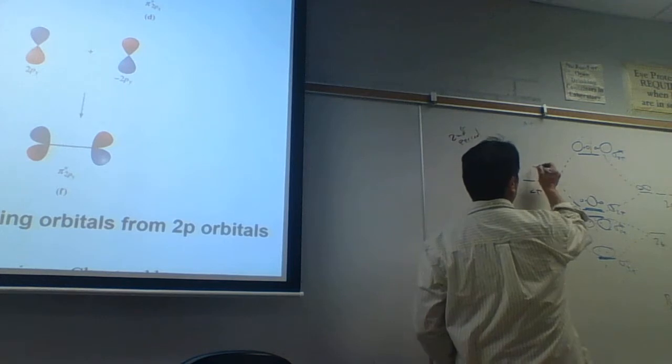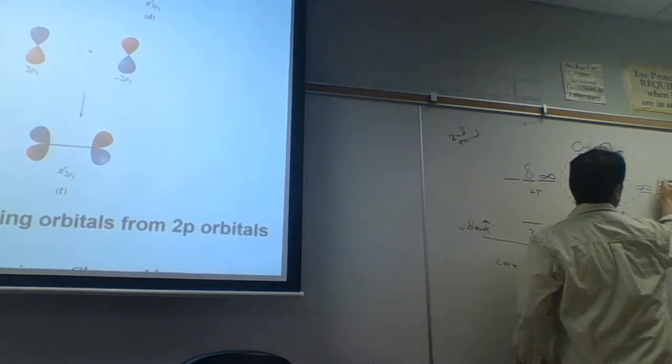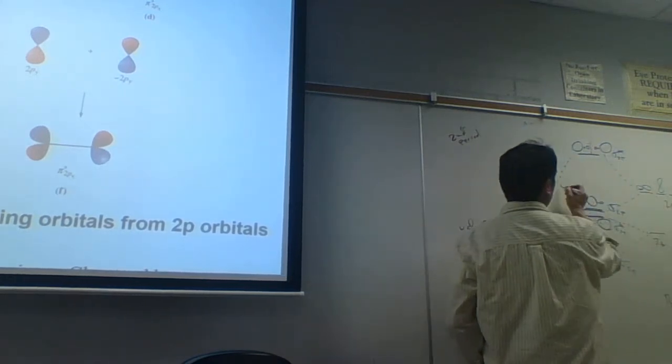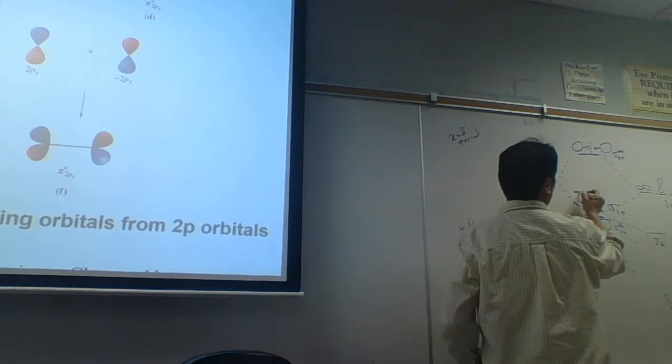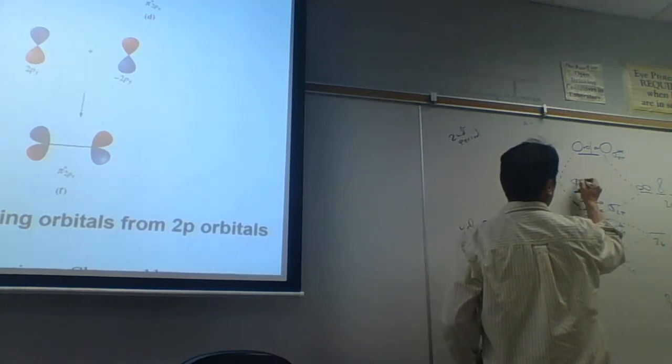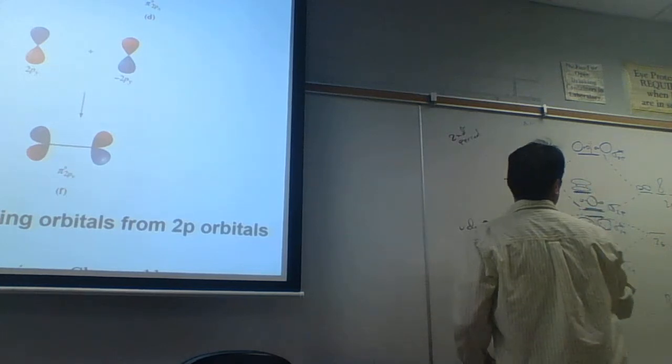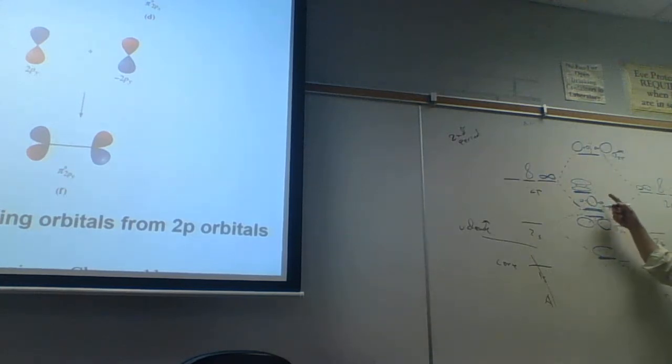So if we take a p_y like this, then we're going to form this. When we look at this orbital, it is not going to be called sigma. This one's going to be called pi 2p.